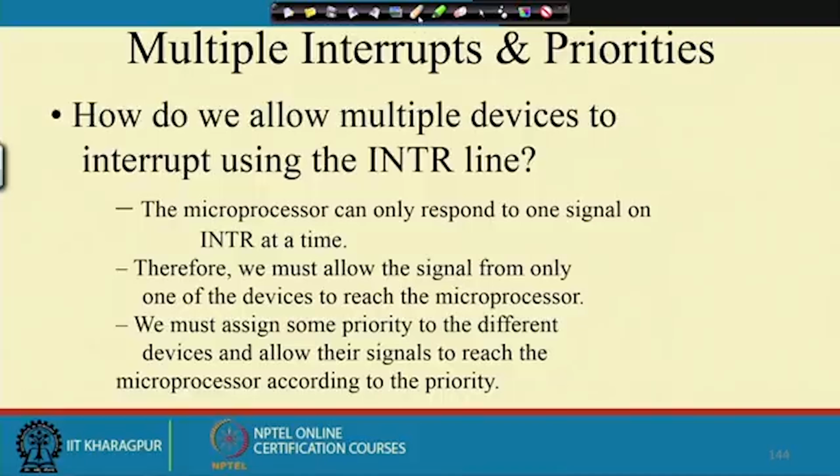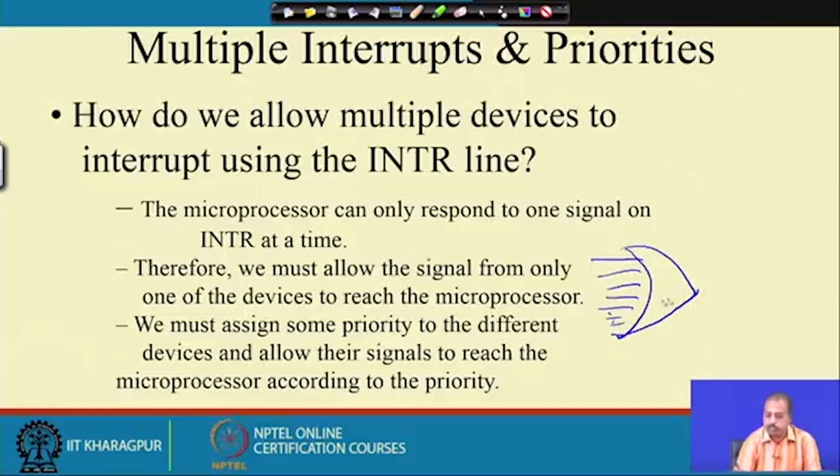Lower priority devices will be allowed to interrupt the processor only if the higher priority devices have not interrupted. A typical design is to take all these interrupt lines coming from different devices, put them into an OR gate, and give the output to the microprocessor's INTR pin.